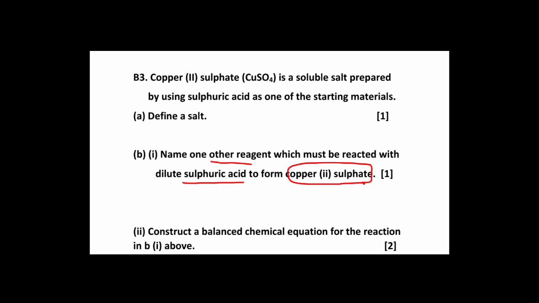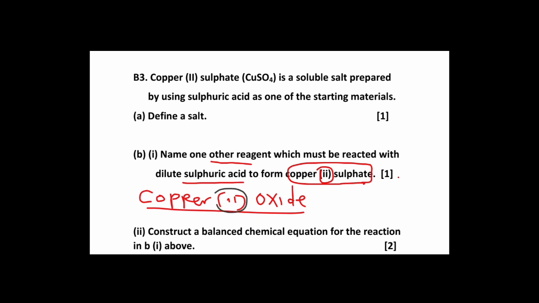What is going to give us copper? It will be an insoluble base. And this insoluble base is called copper 2 oxide. Why are we going to use copper 2 oxide? Because copper 2 oxide will give us copper 2 sulfate. You have seen there, and I have put a 2 there.